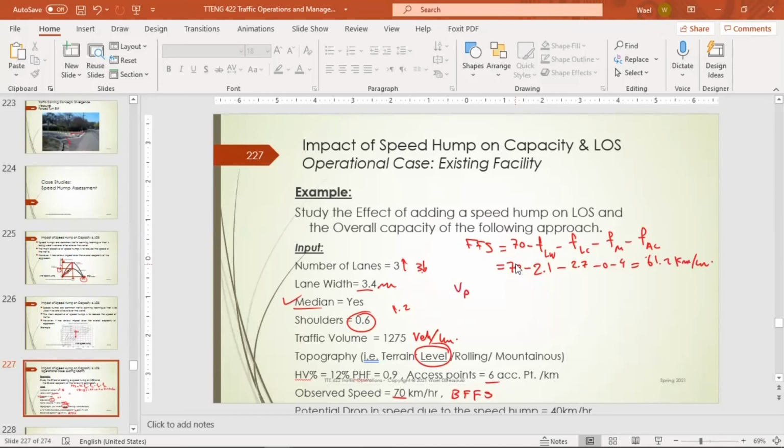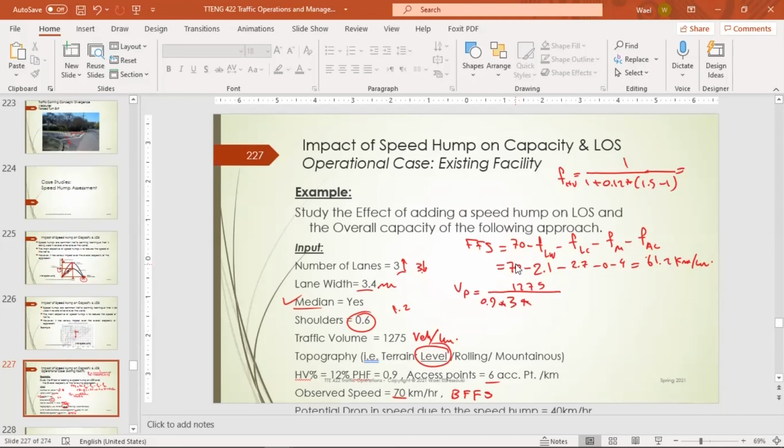The vp equals 1275 divided by peak hour factor 0.9, multiplied by 3 lanes, so we have 3 in both directions, multiplied by the factor for heavy vehicles. The factor for heavy vehicles, fHV, equals 1 over 1 plus 0.12 multiplied by 1.5 minus 1.